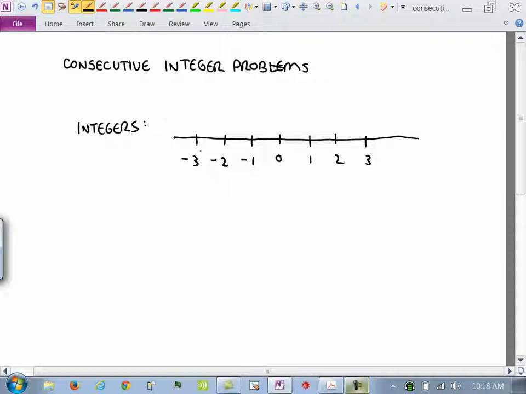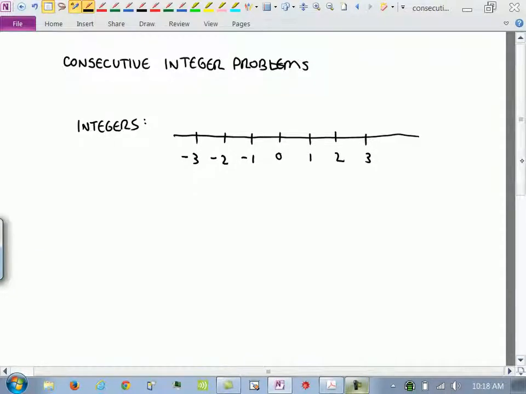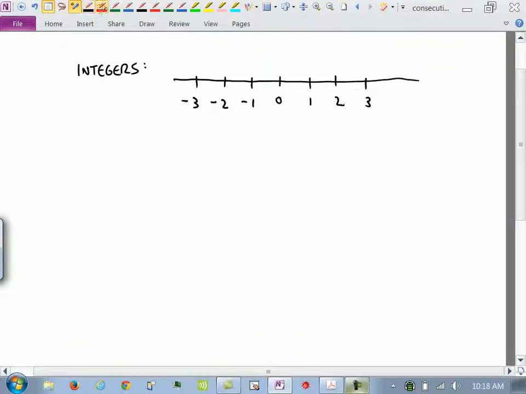So consecutive integer problems have something to do with these numbers. Let me draw a number line again, and let me just say that these dashes on this number line represent integers. What if I call this integer right here x?